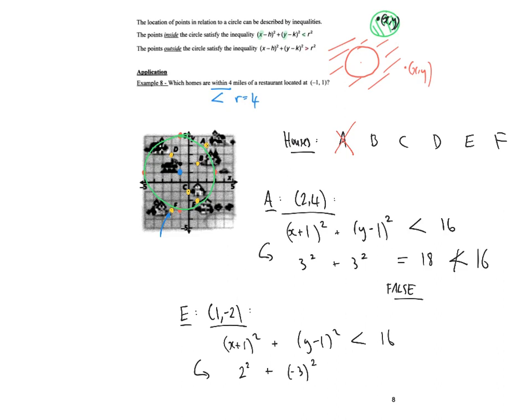That is 13 in total, and yes, that is indeed less than 16. So that is true. So E does lie within 4 miles. You can check B, C, and D, but F also, just like A, fails to be inside the circle, just like we suspected, right? A and F really did look outside the circle.